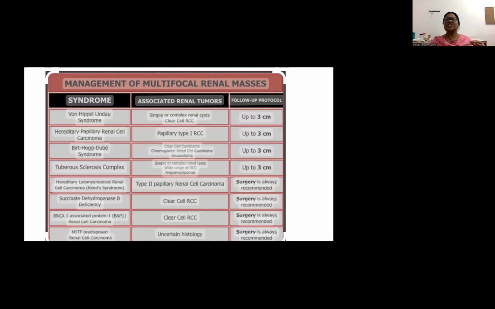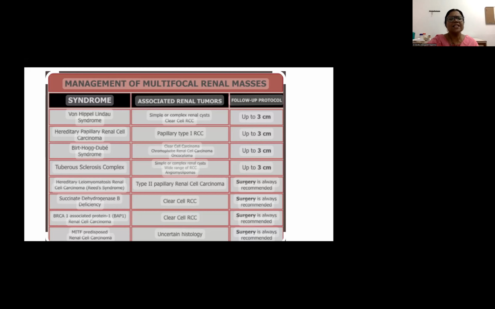So it's not just Birt-Hogg-Dubé or the HLRCC that shows syndromic association. Our very conventional, the most common one, the clear cell conventional renal cell carcinoma, also shows a syndromic association. That is, it is seen in individuals who have von Hippel-Lindau syndrome.